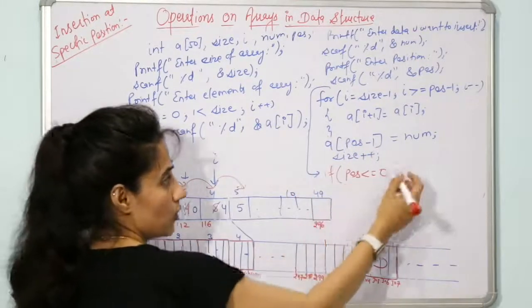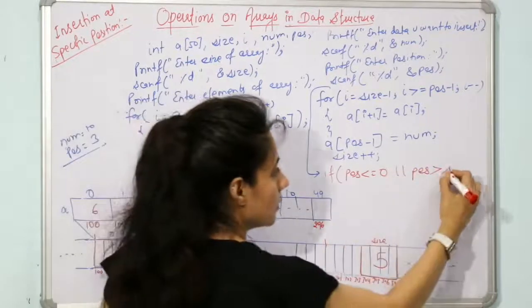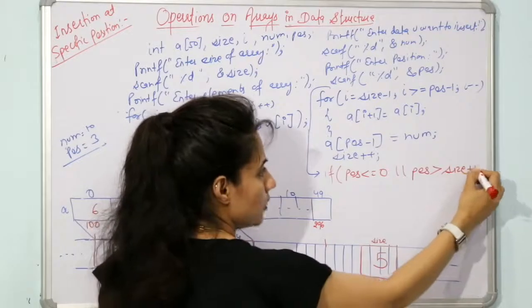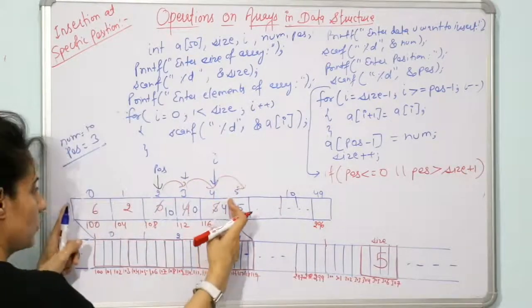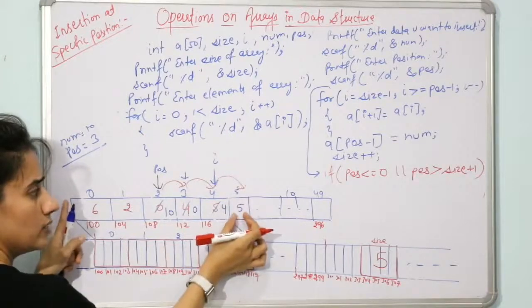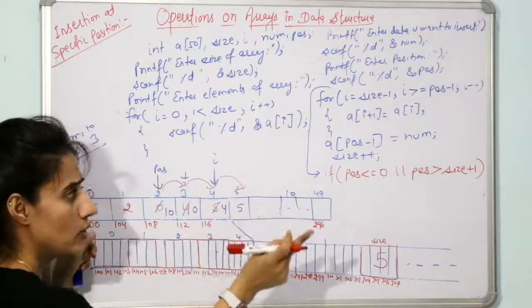So position is less than or equal to 0, or position is greater than size plus 1, you can say, fine, because size is 5, so here also you can insert at the 6th position, that is also fine, but after size plus 1 you cannot insert.